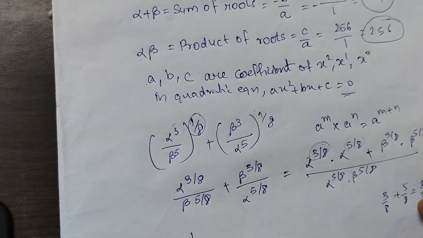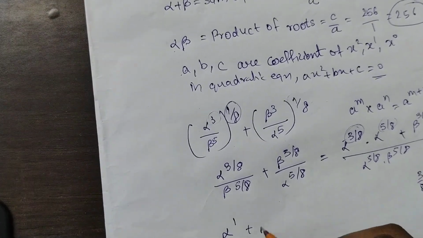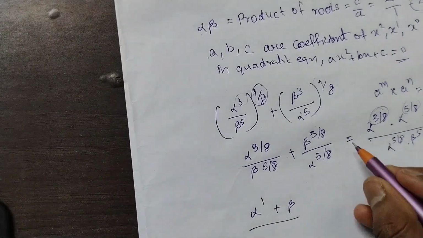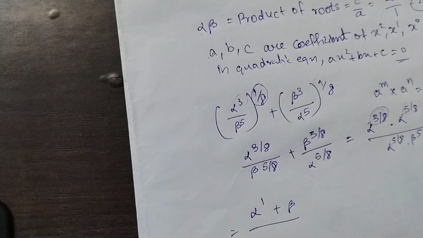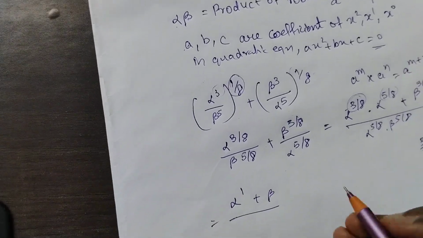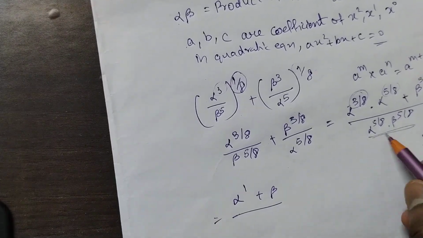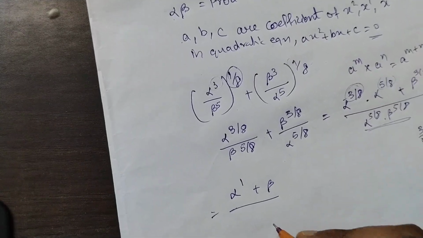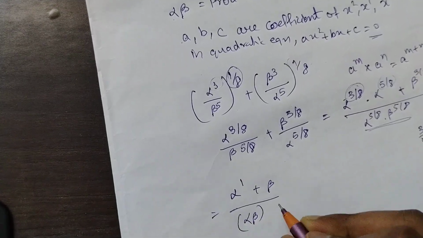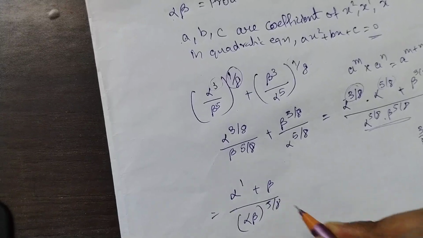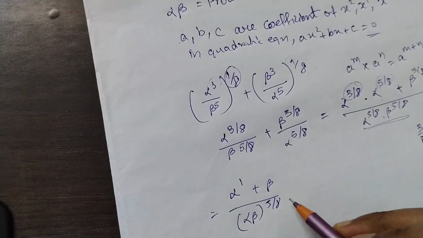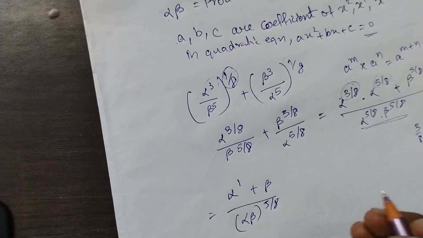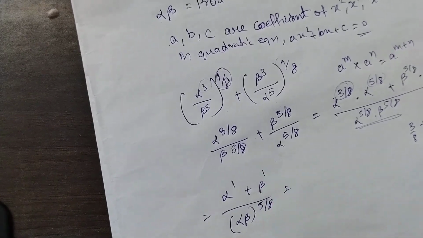Beta also sums to 1, so this gives alpha plus beta, and the denominator alpha times beta is written separately.